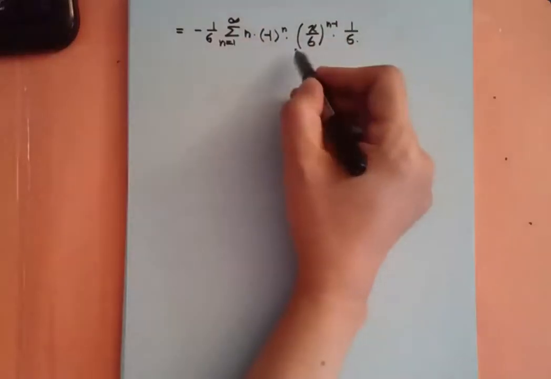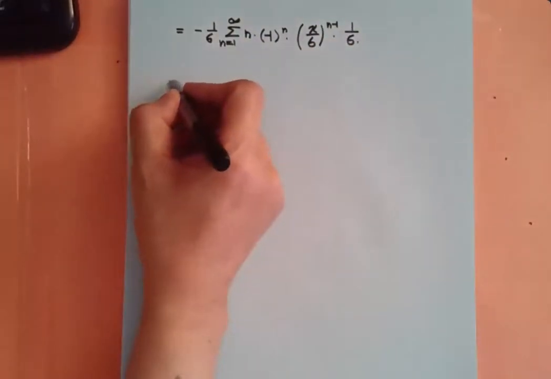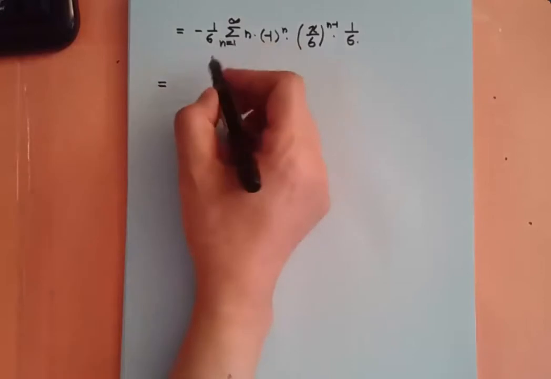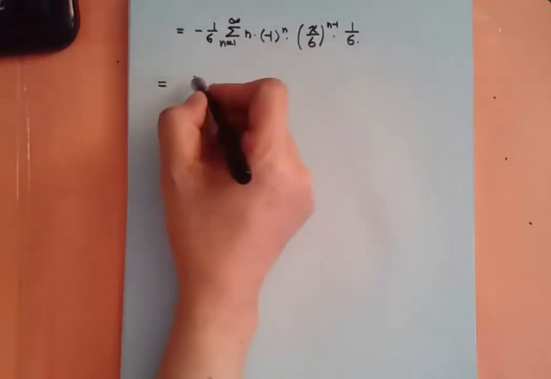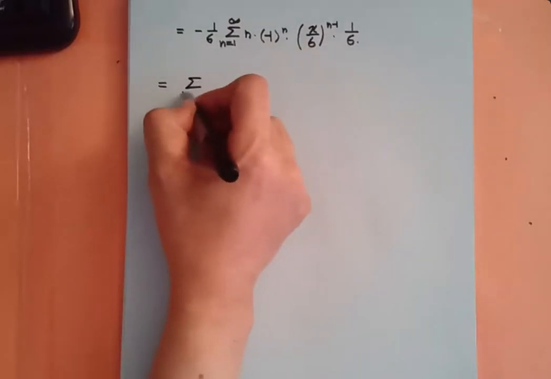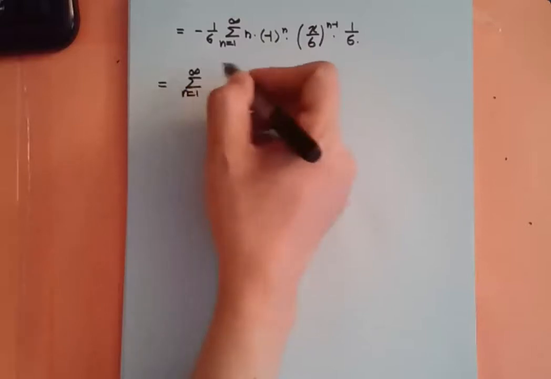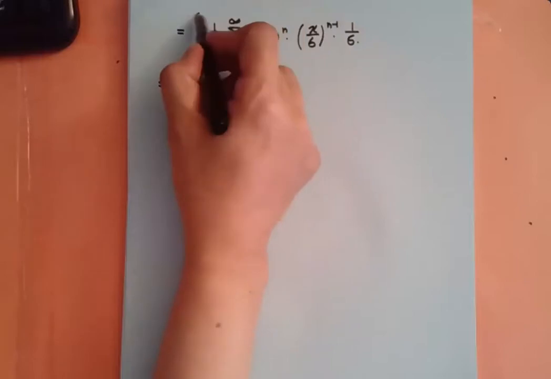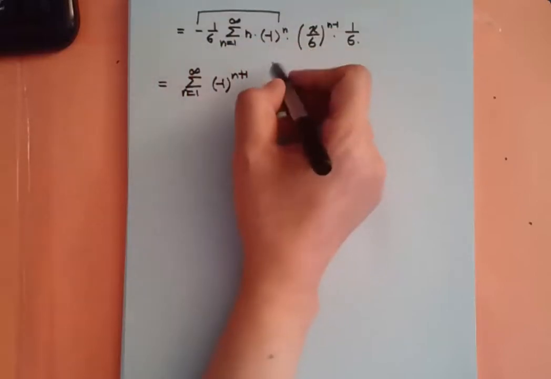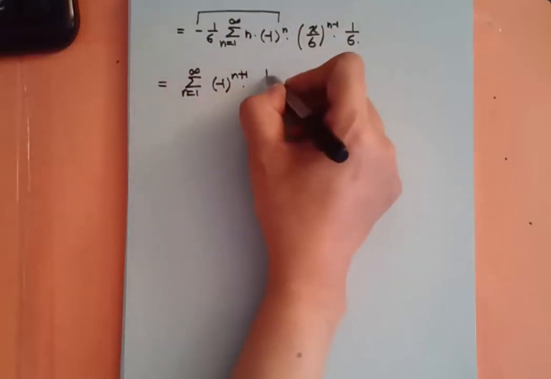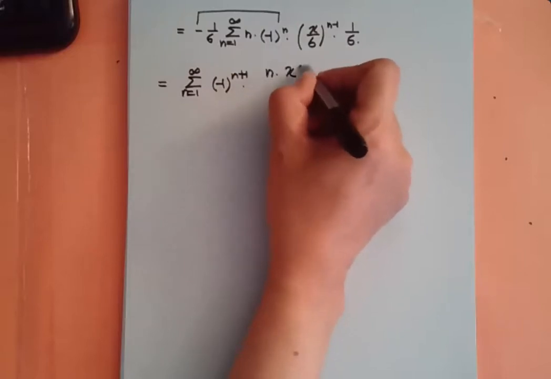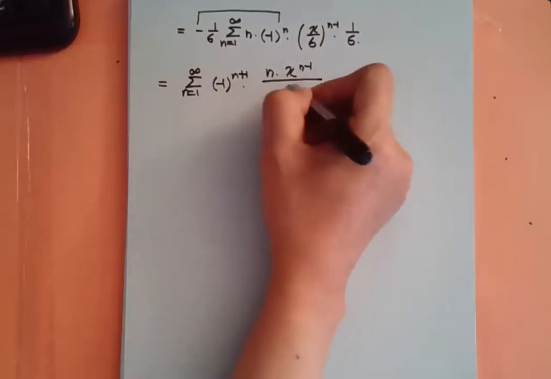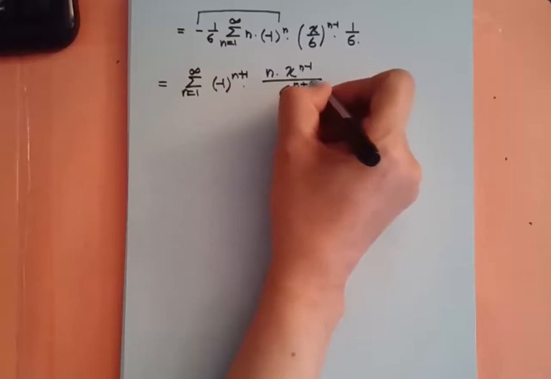So we apply the chain rule here. And then we combine all of those. Then we get summation n equals 1 to infinity, negative 1 to the n plus 1 power because of these two, times n times x to the n minus 1 over 6 to the n plus 1.